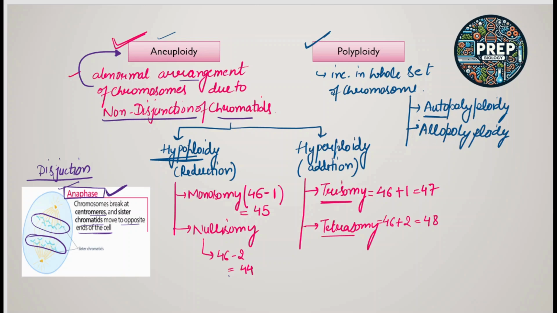Allopolyploidy is the opposite: the doubling of the chromosomal set takes place in different species. This condition is mainly seen in plants. In your syllabus, we are going to discuss the aneuploidy cases. I hope these basics are clear to you all.